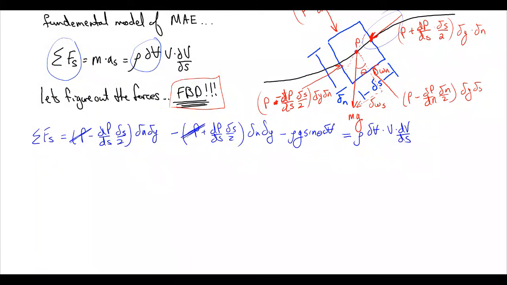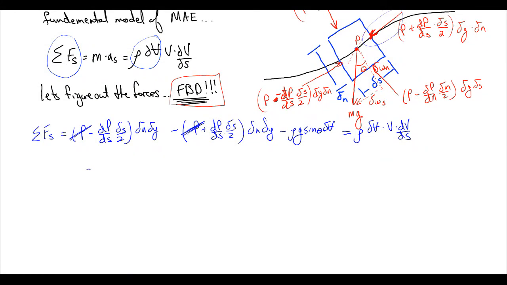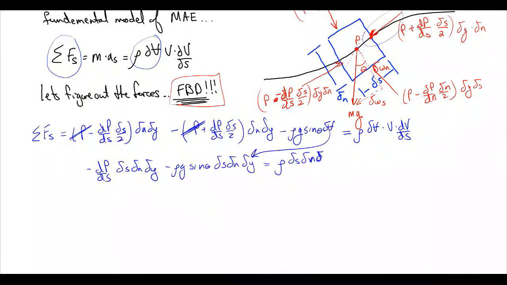So we get negative dp ds delta s delta n delta y minus rho g sine theta delta v, where delta v is just delta s delta n delta y, is equal to rho delta s delta n delta y times dv ds times v.